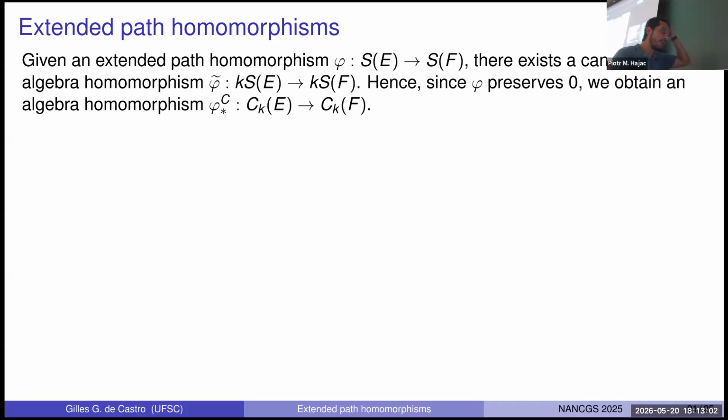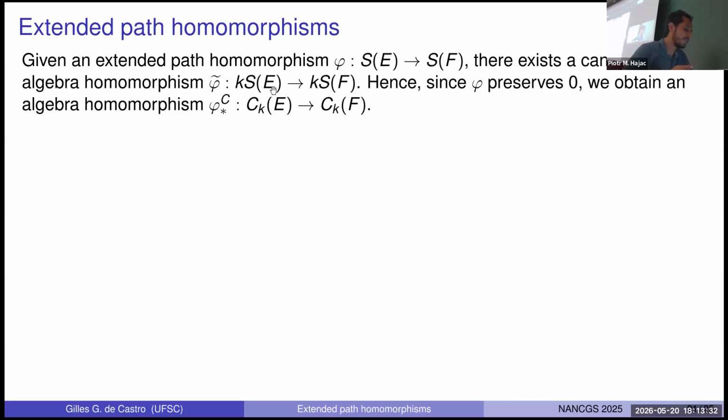Okay, so now we want to talk about functoriality. This is something that I was saying before. If you have this extended path homomorphism, because this is a homomorphism between semigroups, we can always define a homomorphism between the algebras of these inverse semigroups. It doesn't even need to be an inverse semigroup, just semigroup algebras.